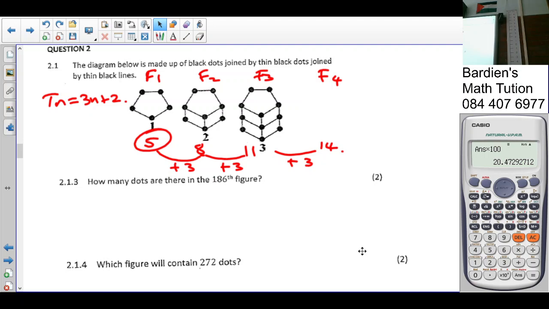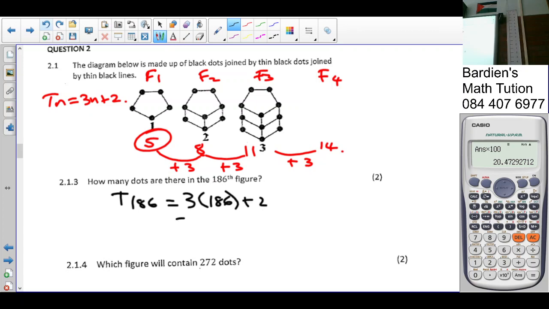So in other words, our n gives us the figure number, not so? So if you're looking at the 186th figure, it's 3 times 186 plus 2. So that gives us 3 multiplied by 186 plus 2, which is 560. Okay, you all okay with that?